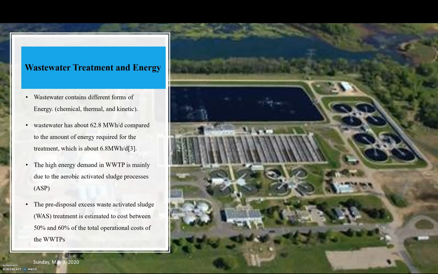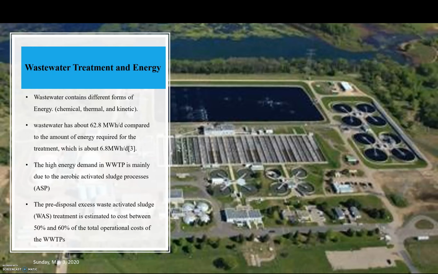There's a study about the Northern Neto wastewater treatment plant that found wastewater has about 62.8 megawatt hours per day, compared to the amount of energy required for the treatment, which is about 6.8 megawatt hours per day.